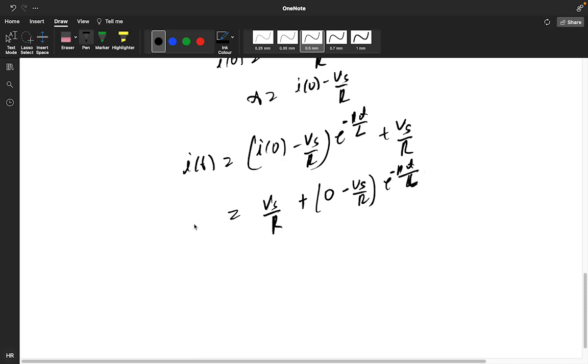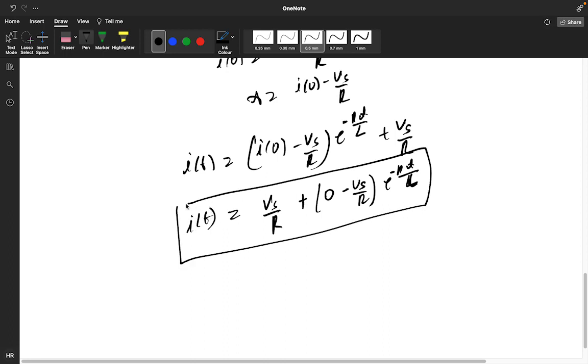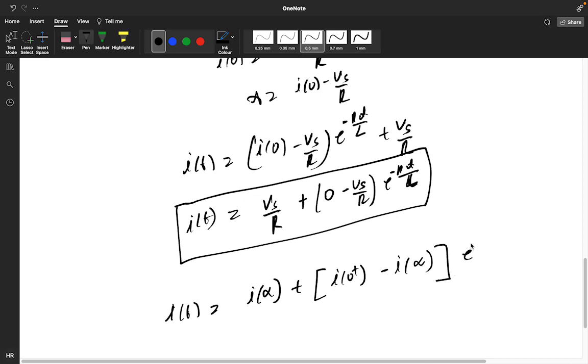So this formula you are getting, you don't have to remember it like this. You have to remember I of t is nothing but I infinite plus I of 0 plus minus I infinite, e power minus t by tau.